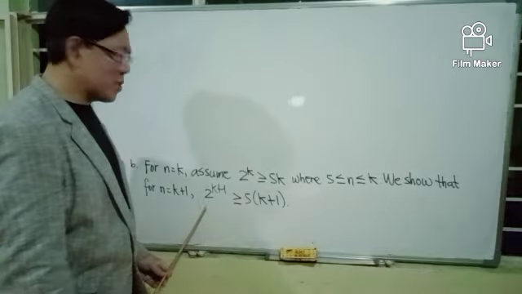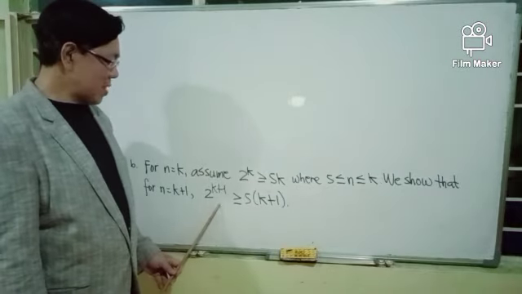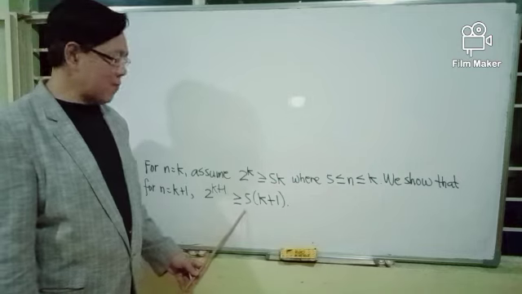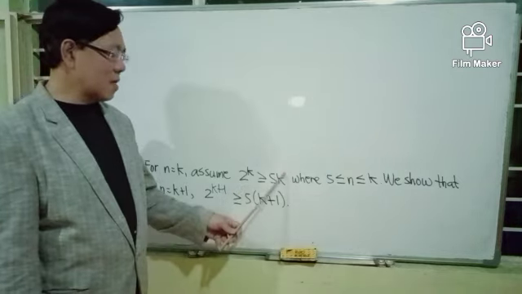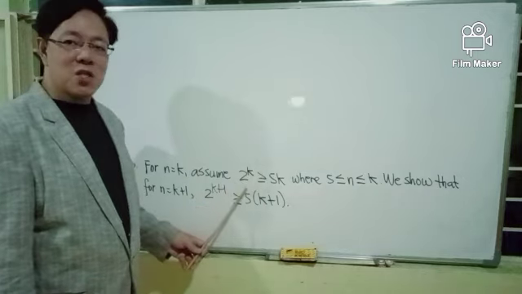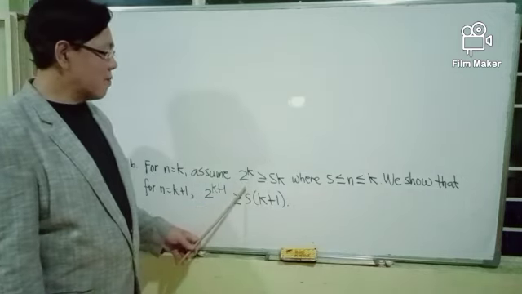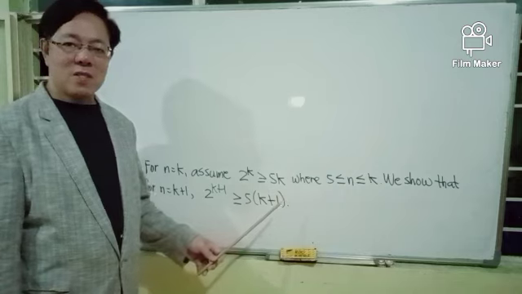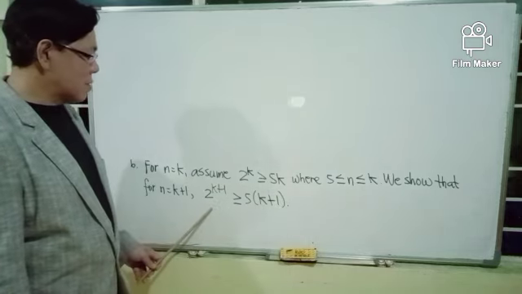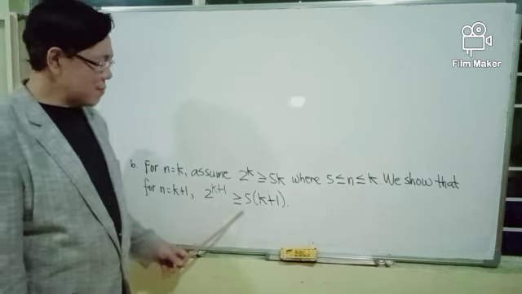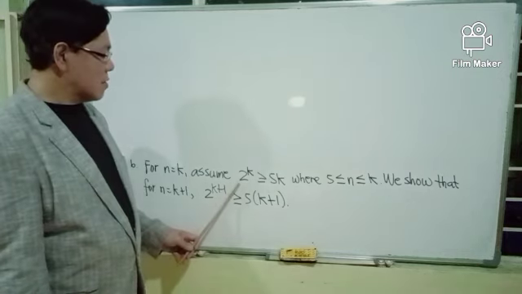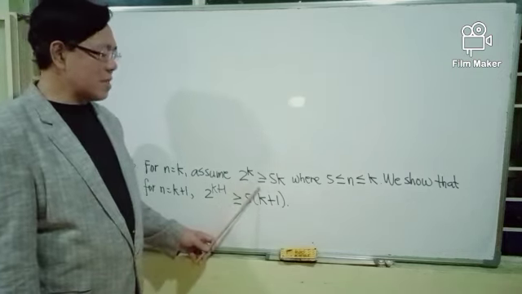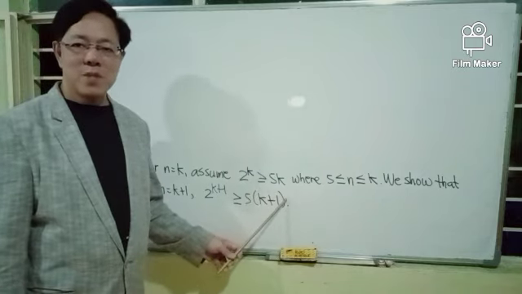To prove that 2 to the power k plus 1 is greater than or equal to 5 times quantity k plus 1, we will start from our induction hypothesis. And from this induction hypothesis, we will try to come up with this inequality or mathematical statement. We have 2 to the power k greater than or equal to 5 multiplied by k.